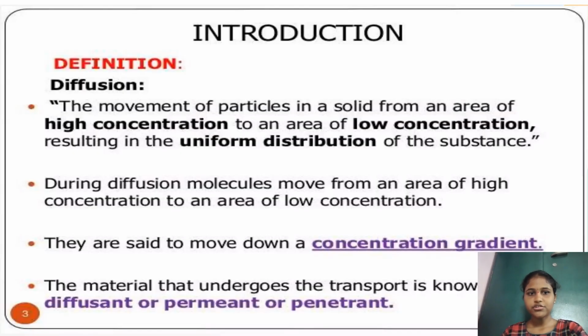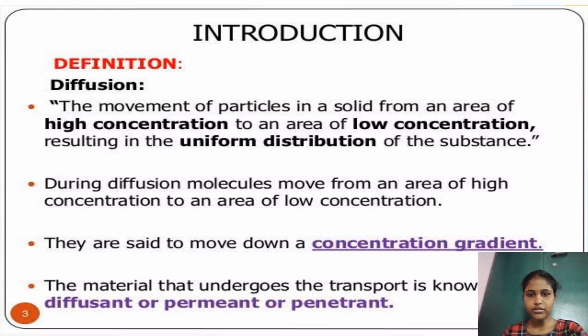Introduction. First of all, the definition of diffusion is the movement of particles in a solid from an area of high concentration to an area of low concentration, resulting in the uniform distribution of the substance.